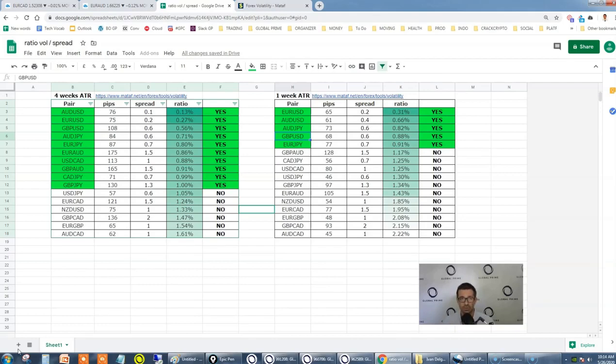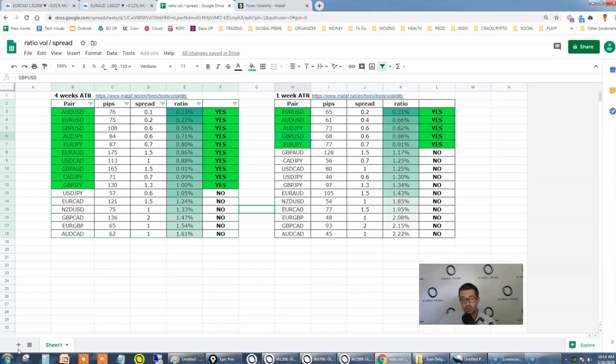All right, so the bottom line is that this is a very, very useful exercise to be conducting if you're going to be trading the 1 minute, the 5 minute, or the 15 minute perhaps, depending on the stop loss size.